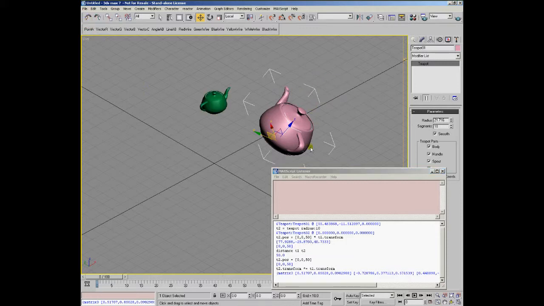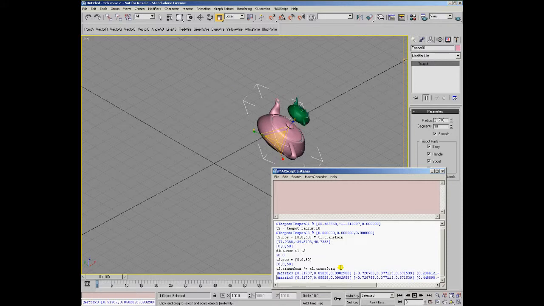For example, if this teapot was scaled locally along its z-axis, and we would perform the same transformation as before, the new object is going to acquire the complete transformation of its user coordinate system.